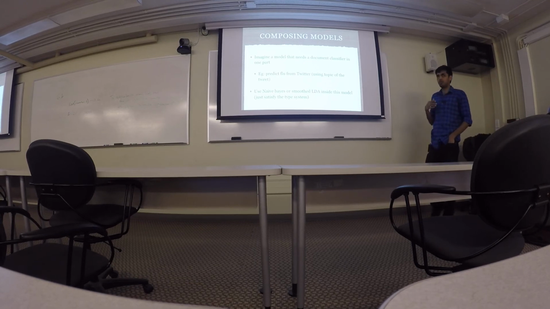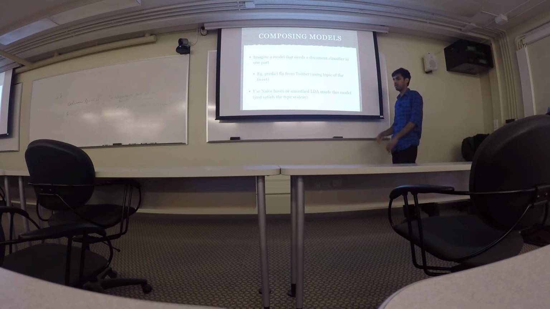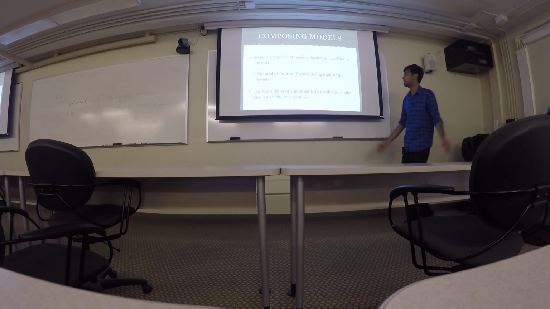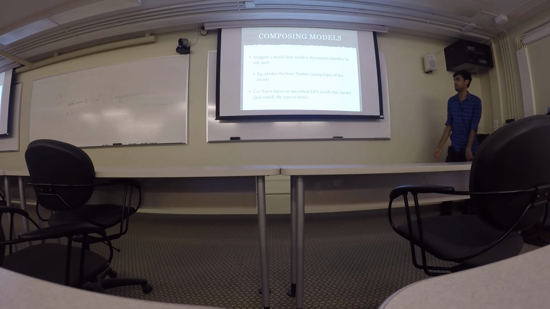But imagine that you want to not just do document classification. Tomorrow, once you've developed your document classifier model, you want to go on to bigger and better things, and you want to use a document classifier in something bigger. This is an example I just came up with briefly talking to Ken, but the idea is the same. Once you have a way of getting the topics from a model, maybe you want to predict something else.